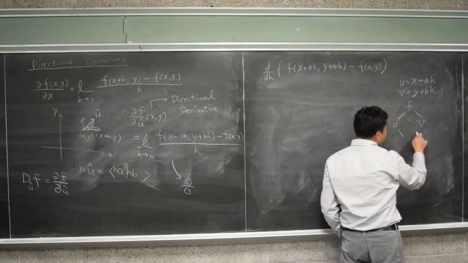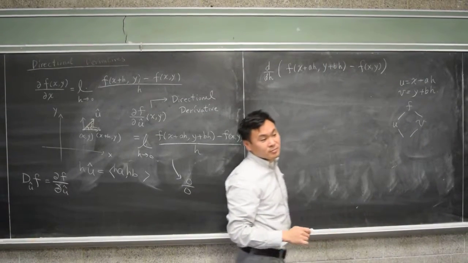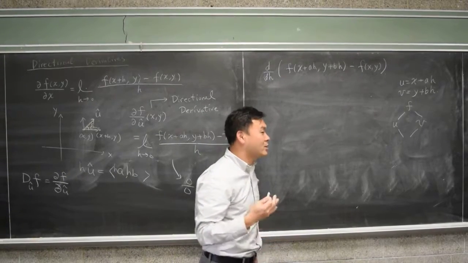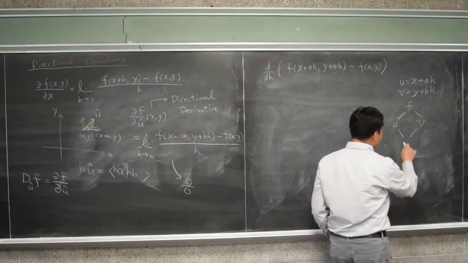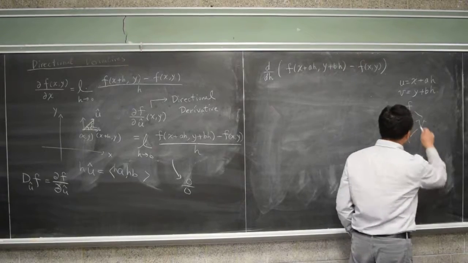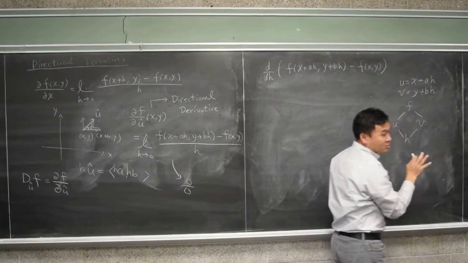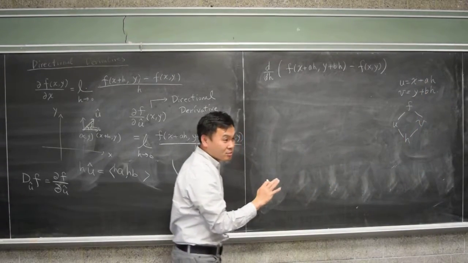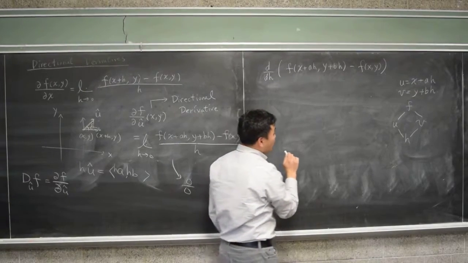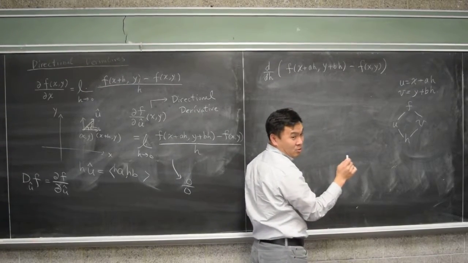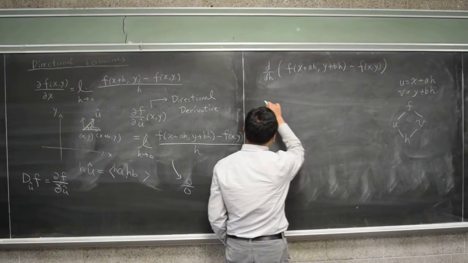And then u and v depend on what? x, no, I said x and y. h. These are all functions of h, right? x, y, a, b, we're just going to consider them as constants for this discussion. And therefore, we can use the multivariable chain rule. How does that work?